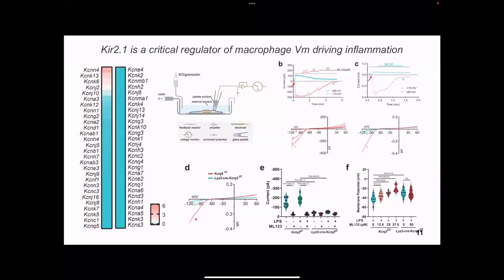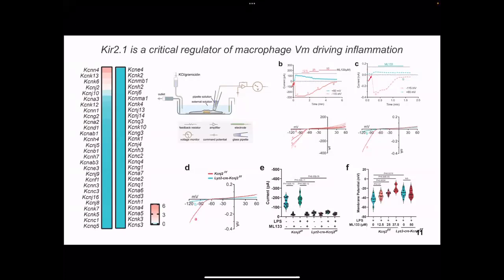So we recorded a typical KIR2.1 current and found that ML133 potently inhibits this KIR2.1 current in both resting and inflammatory macrophages. Consistently, the KIR2.1 current was also abolished in the knockout mice and knockout macrophages without affecting their differentiation. And most importantly, we found a depolarized membrane potential in both the KIR2.1 deficient resting and activated macrophages.